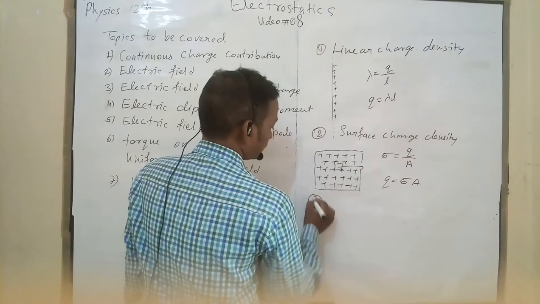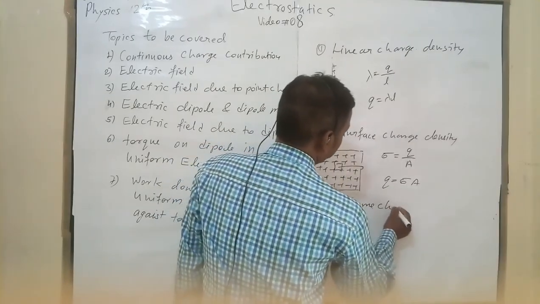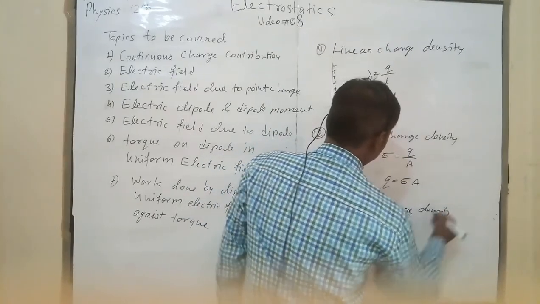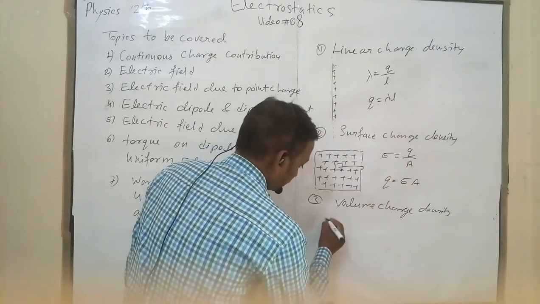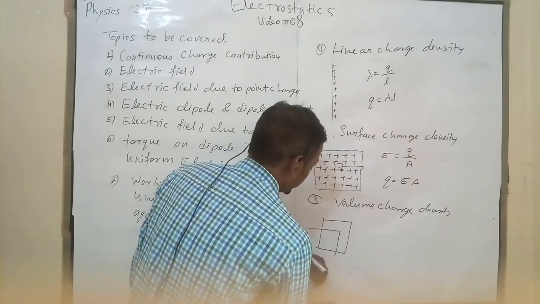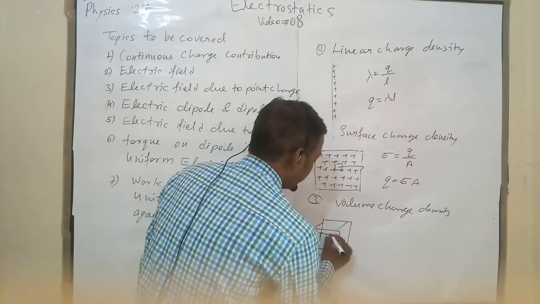See, third type is volume charge density. Let's take a cubical body which is positively charged.